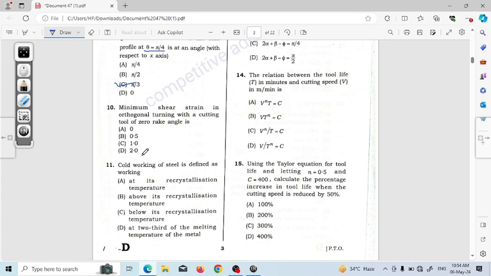Next, question number 10. Minimum shear strain in orthogonal turning with a cutting tool of 0 rake angle. Solve this.